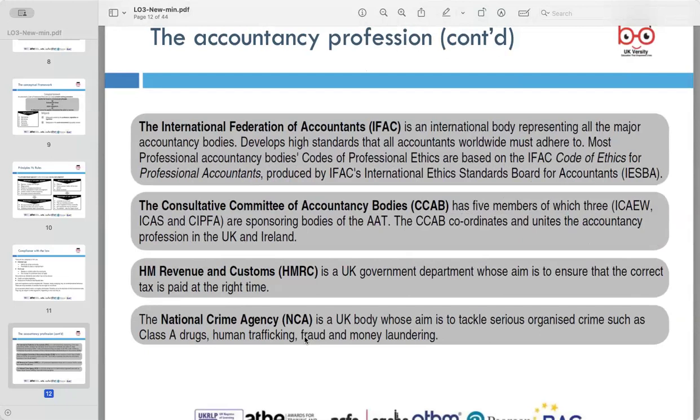HMRC focuses on ensuring the correct payment of taxes, while the NCA tackles serious organized crimes, including fraud and money laundering, which may intersect with accounting activities. Overall, these bodies collaborate to uphold the integrity and professionalism of the accounting profession, ensuring adherence to ethical standards and legal obligations.